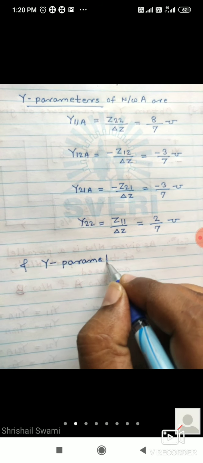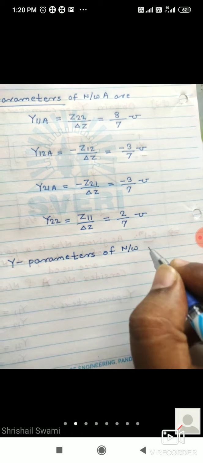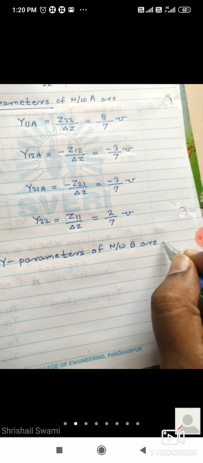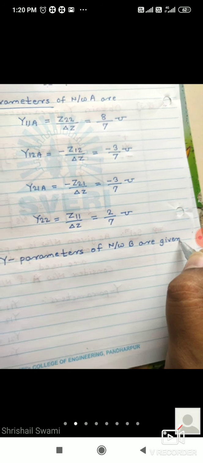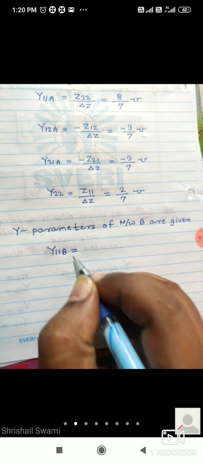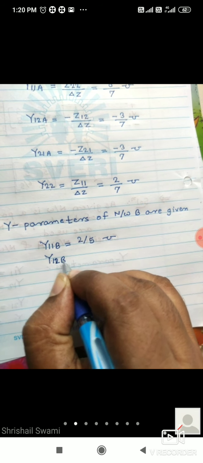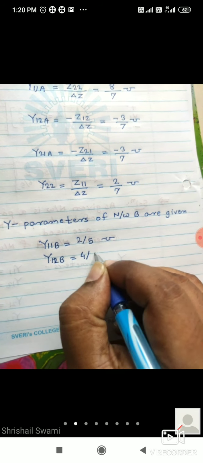So Y parameters of network B are given. So you can write, note it down: Y11 of B is equal to 2.5 mho. Y12 of B is equal to 4 by 5 mho.